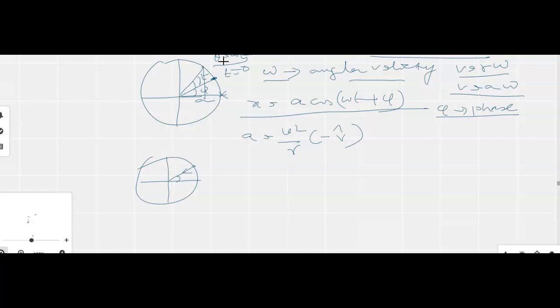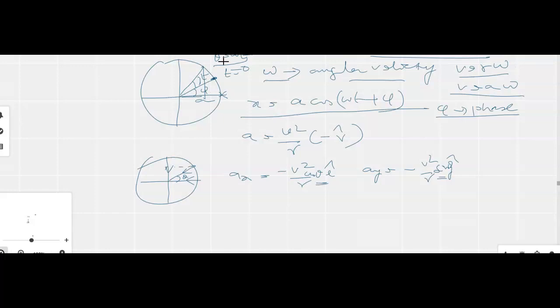So the component along this, suppose this is theta, then a_x is minus v square by r, times i, that is, this is the x component and this is the y component. So a_y is minus v square by r, times j, so this is cos theta and this is sin theta.